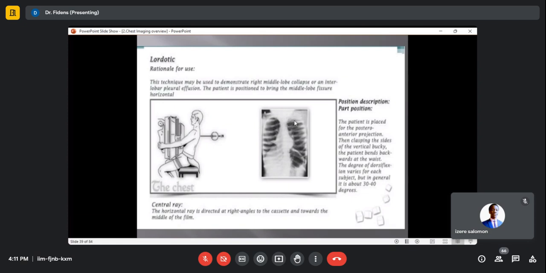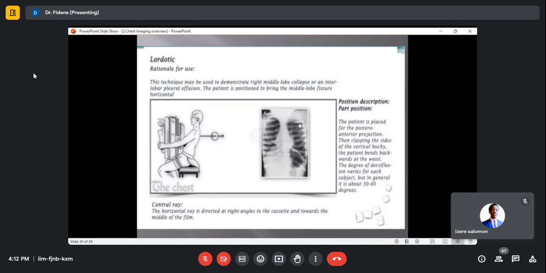If you're suspecting opacity like here, you can see it better. But before, in front of you, you could not see it. On a normal PA or AP, you could not see the opacity very well, the mass or something. But when you make this aortic view, you can see that region very well. Okay? Yeah. Is it clear?